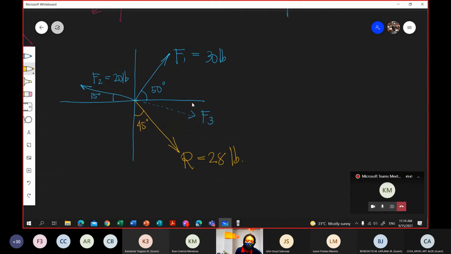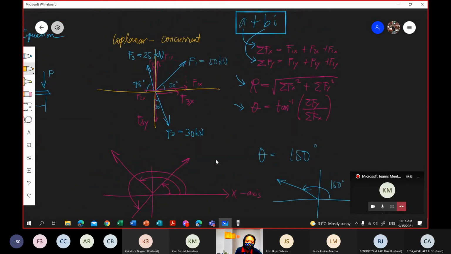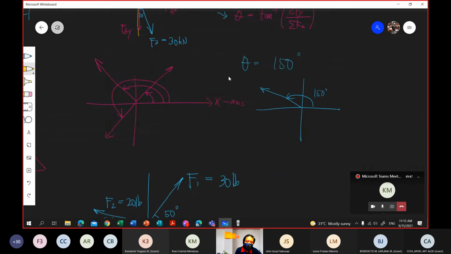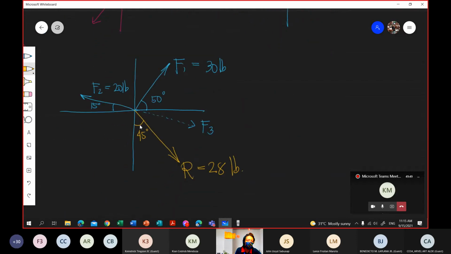So you understand the problem: given the resultant, you are asked for one force acting in this coplanar force system, to produce a resultant of 28 pounds acting at 45 degrees from the vertical.